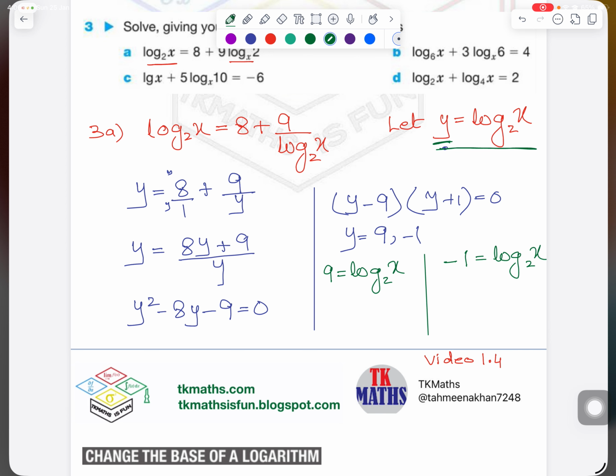Here I have substituted the values of y. Now you change this log form into index form. x equals 2 power 9. You can check in the calculator what it is equal to. 2 power 9 is 512. So x equals 512. And in this case x equals 2 power minus 1, which is x equals 1 over 2.